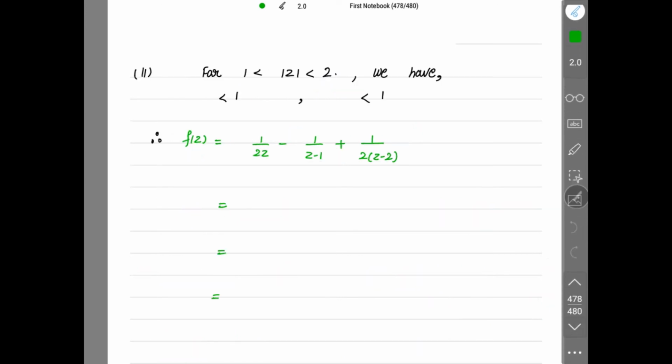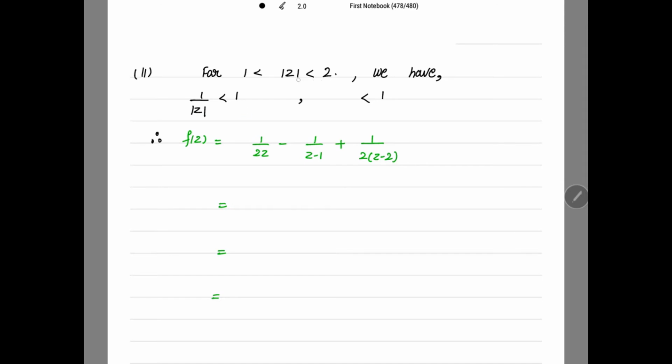Now the second part. Mod z is lying between 1 and 2. Now from here, what do I get as the condition? What should I make which is less than 1? For less than 1, can I say that I take mod z to the denominator of this 1? 1 over mod z. This is less than 1, right?